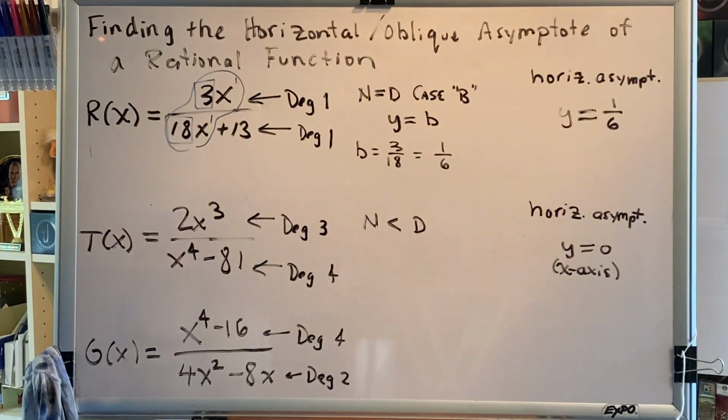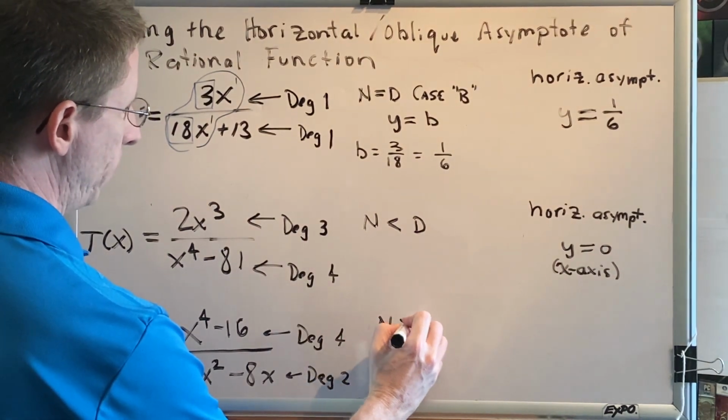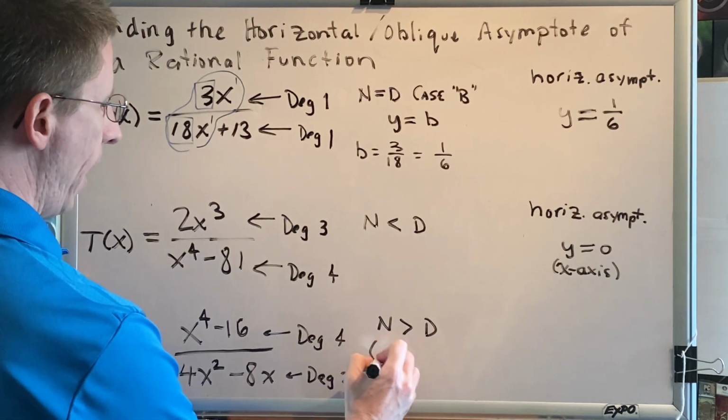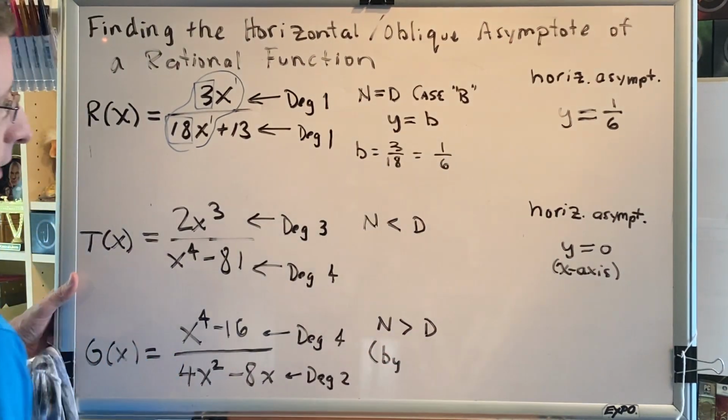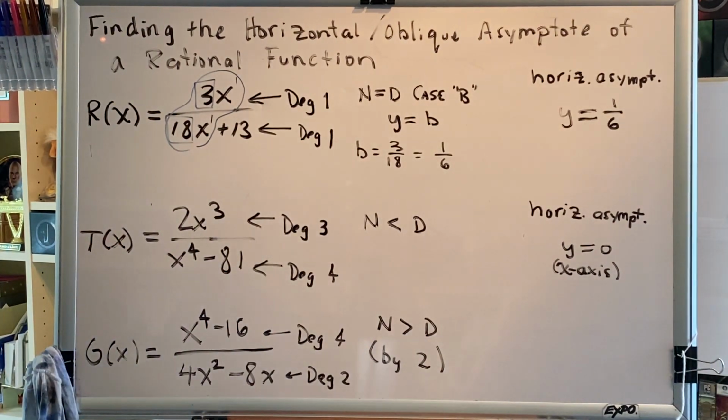All right, our third rational function, g of x. So in this case, the numerator degree is bigger than the denominator degree. By how much? Well, 4 is bigger than 2 by 2. So we once again return to our 4 possible cases, and we find that this is case D. If the degree of the numerator polynomial is 2 or more degrees higher than the denominator polynomial, there is no horizontal or oblique asymptote.